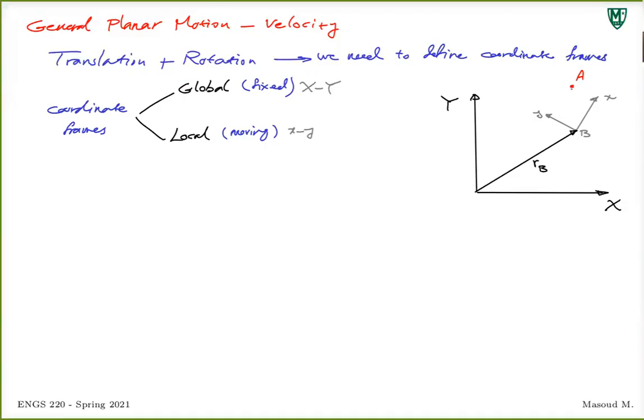The position of point A in your local frame, we simply refer to it as R A in B: position of point A in frame B with respect to point B, which is the origin of the local frame. In so many cases we just refer to it as R. This is easier.